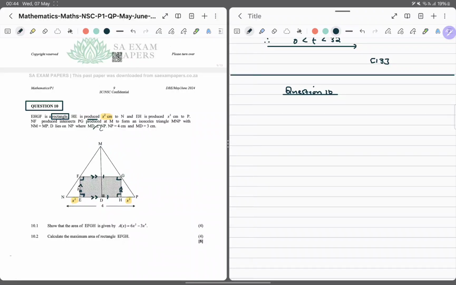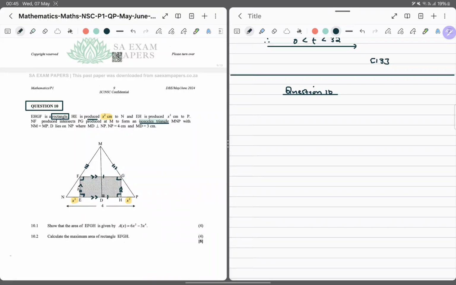So they're trying to create a triangle here, which forms an isosceles triangle MNP, with NM, this whole length, equal to MP, the whole length of the side. Now remember, here's the key: in an isosceles triangle sitting on its base, the perpendicular height to the base will always bisect the base.